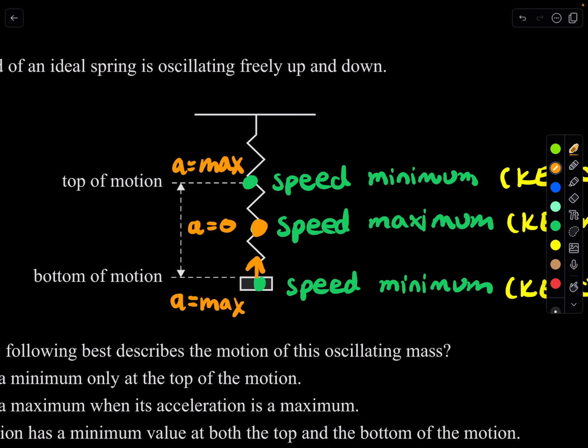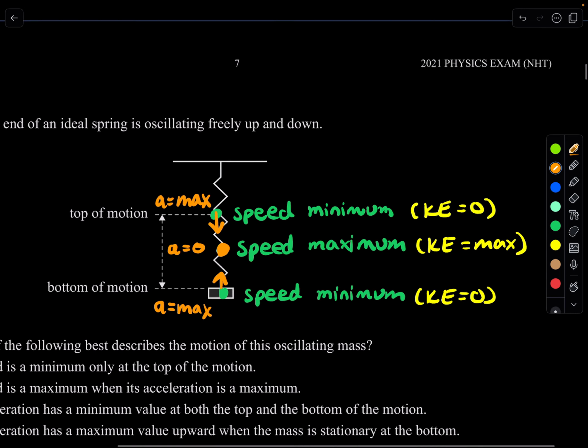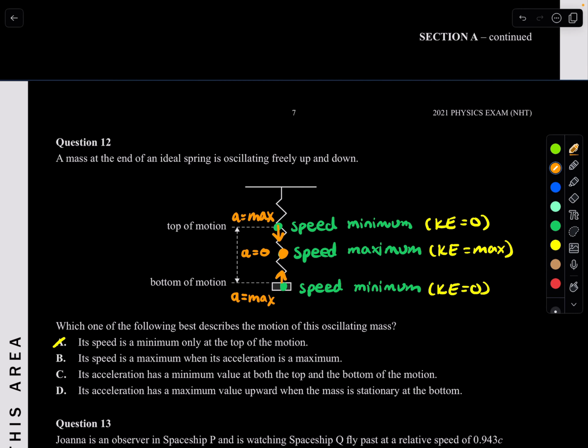And when it's at the top position, it wants to accelerate downwards. So that's why it oscillates. Its speed is maximum in the equilibrium position, where the acceleration is 0, so B is also wrong.